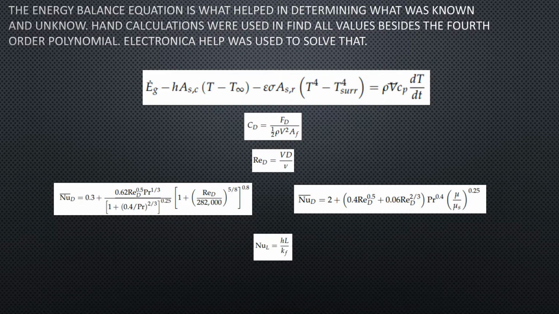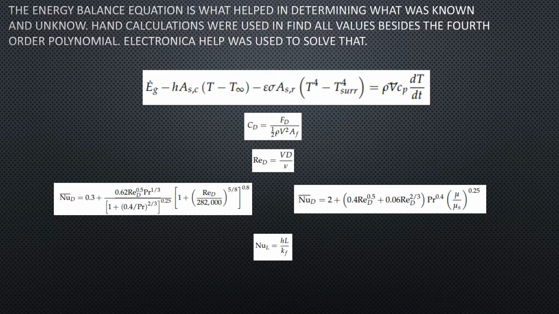Now, once all the Nusselt numbers are calculated for each individual geometric portion of the Flash, we can now calculate the heat convection coefficient, which is our h.